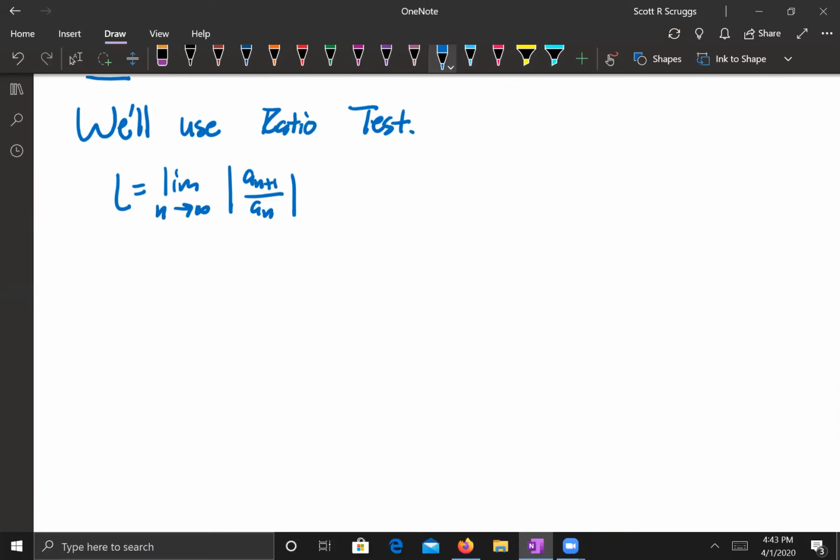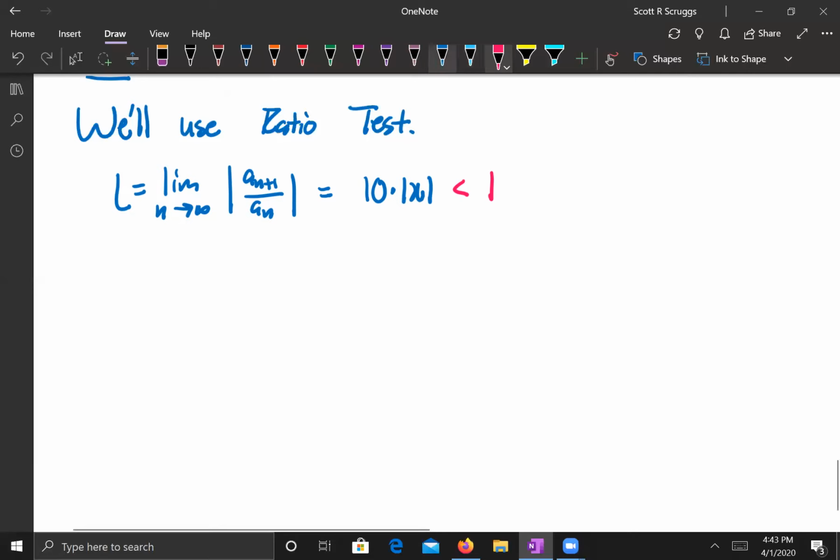All right, and I agree, Anthony. I agree, Unique. It's going to be 10 times the absolute value of x at the end. And with that, because I know what makes the ratio test convergent, I'm going to set it to be less than 1.